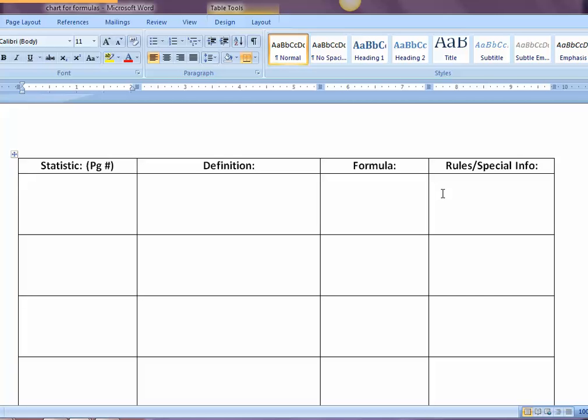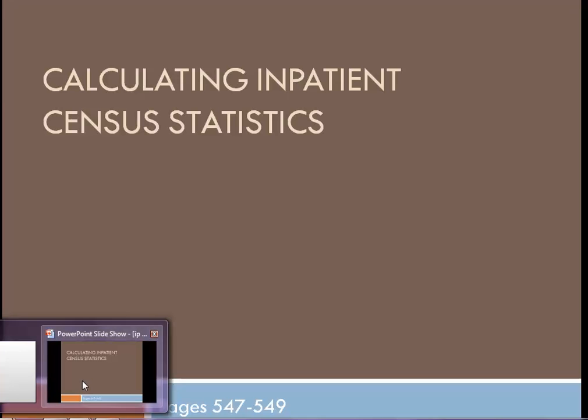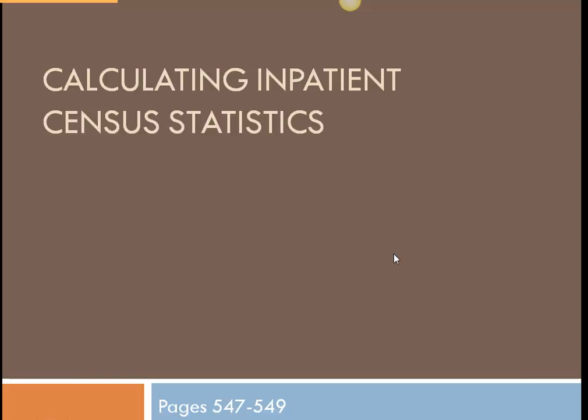And you may remember that from working with C-section rates in the previous module. So that's just something that you can use if you want to, not something that you would be turning in or that you have to worry about completing.